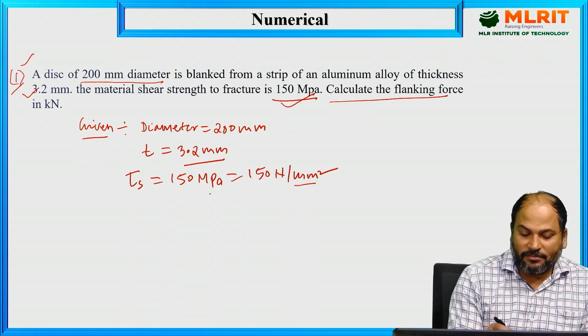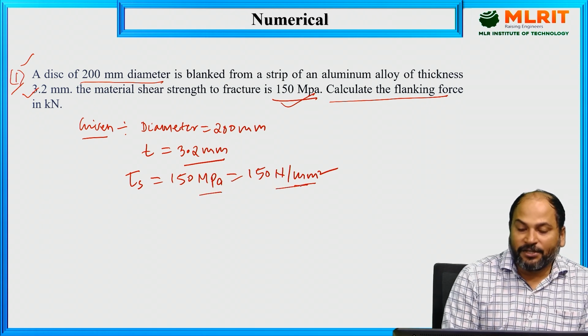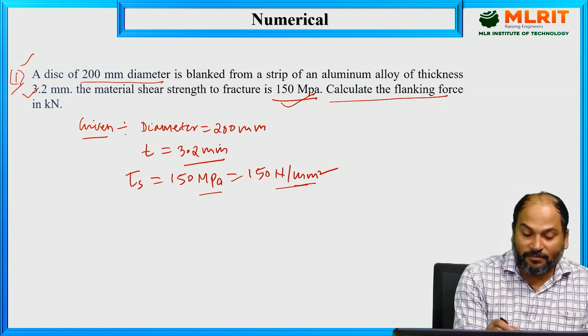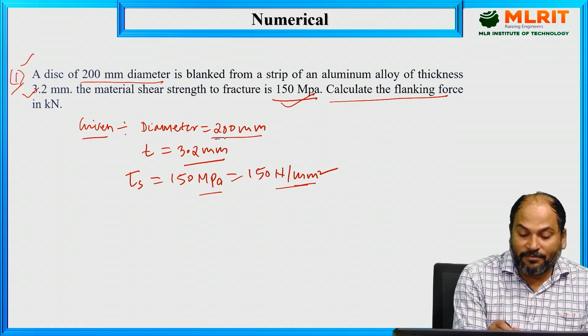So megapascal can easily be written as Newton per square millimeter. That is the reason I'm not changing the unit.